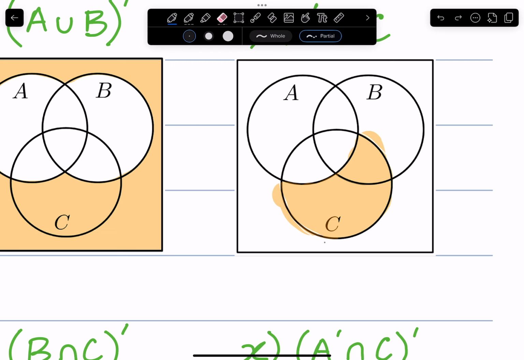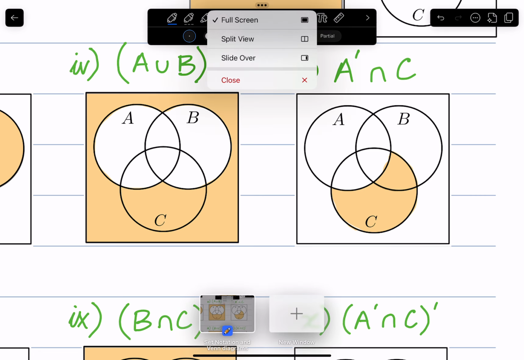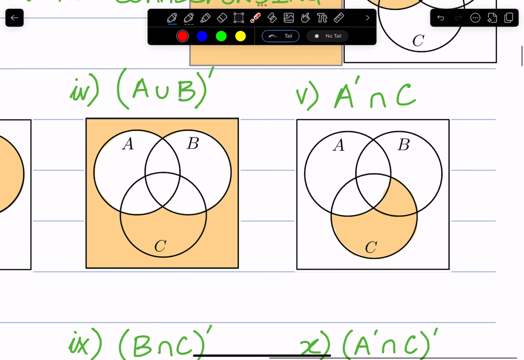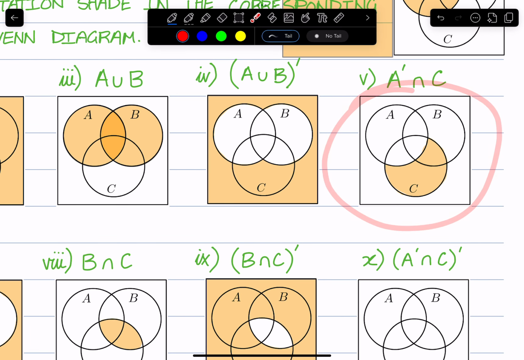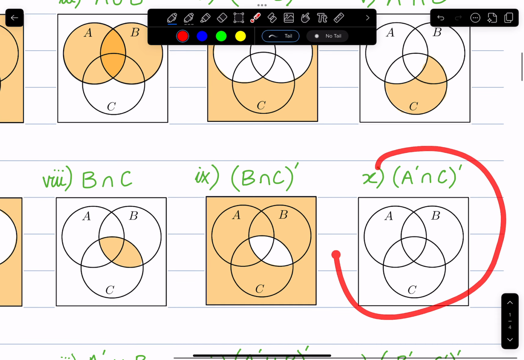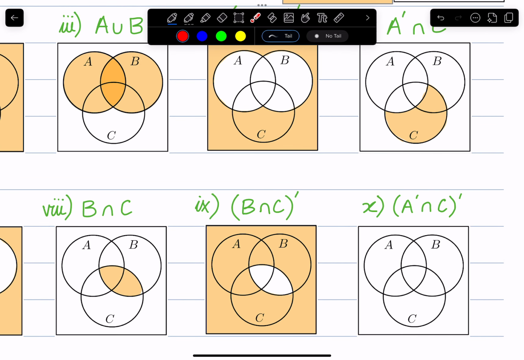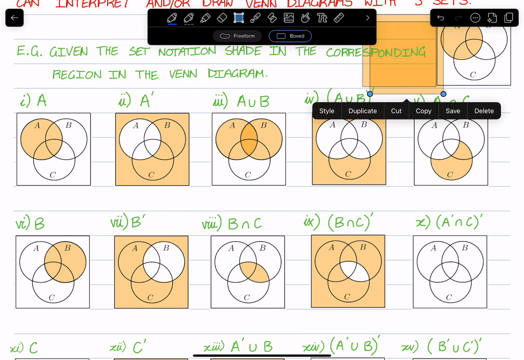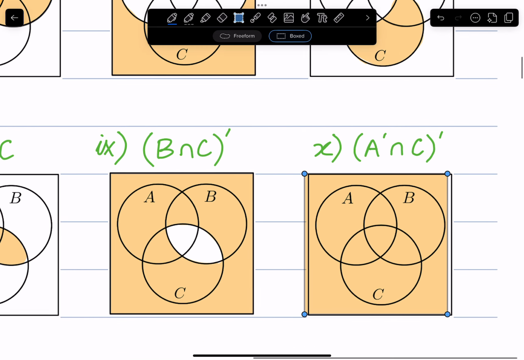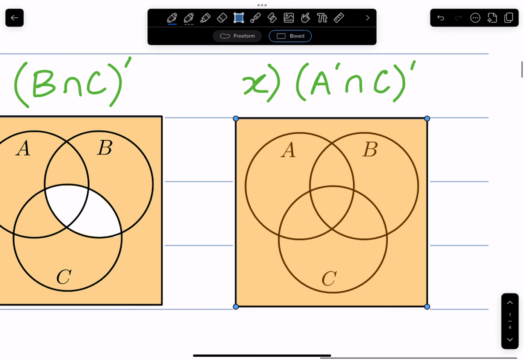One more time, it'll be something like so. That is not A intersect C. Well, now that you know what this looks like, I'm certain you know what this should look like. So it's everything that is not in this group here. So quickly highlighting this, it'll look something like so.